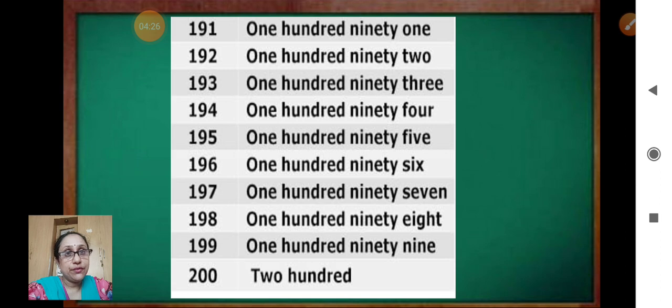Okay? So every day one page you will write in a neat and clean handwriting. So finish up to 200. Okay? Finish the number names.